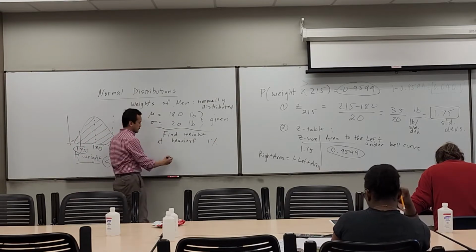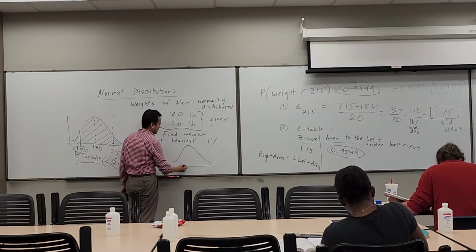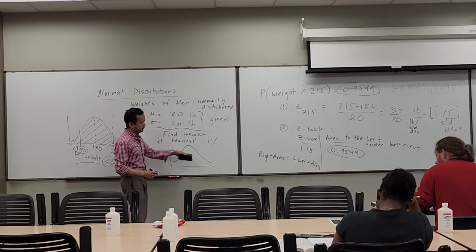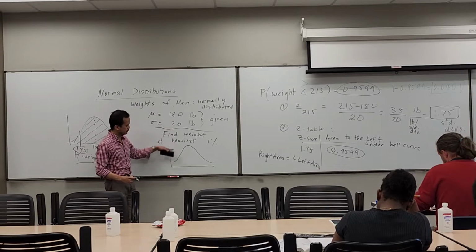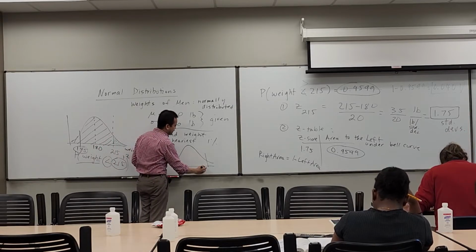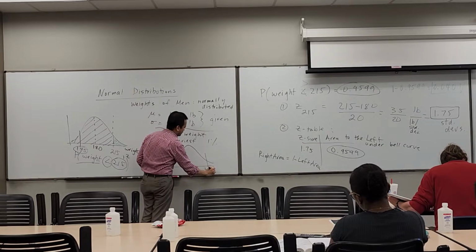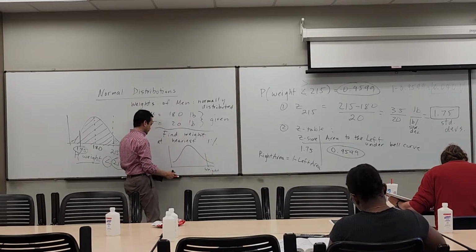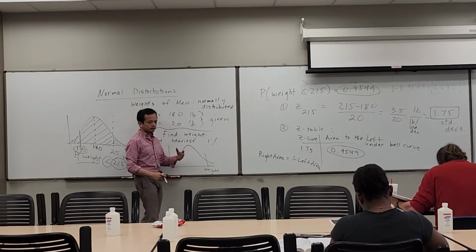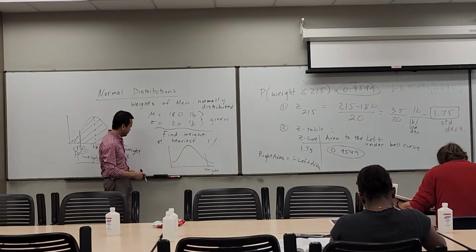So if we draw a picture of this distribution of the weight variable, we call it a bell curve. There's going to be some weight here that we're trying to find, where only 1% of all men weigh more than that weight.